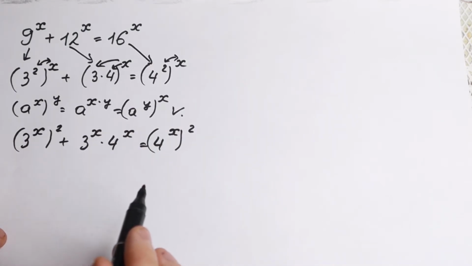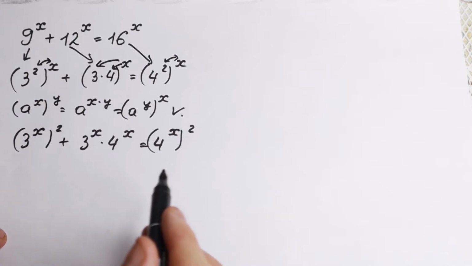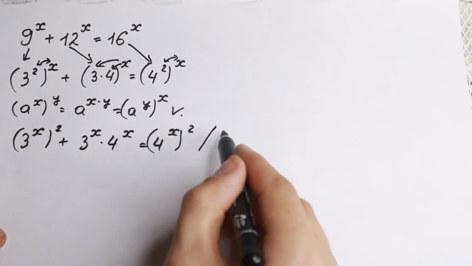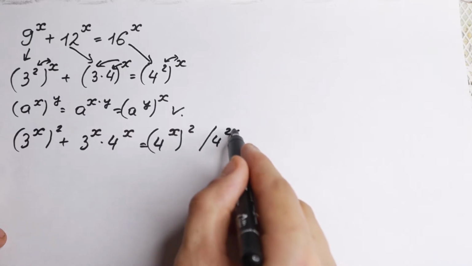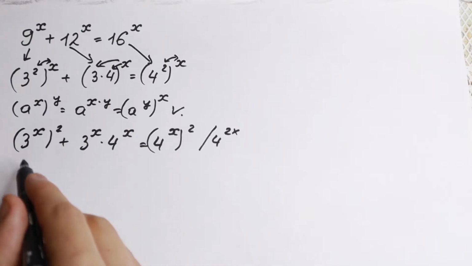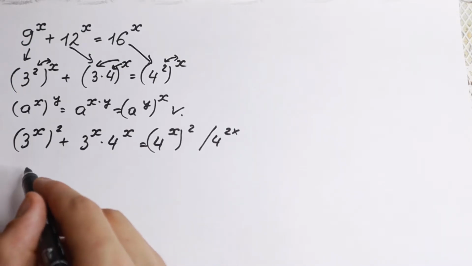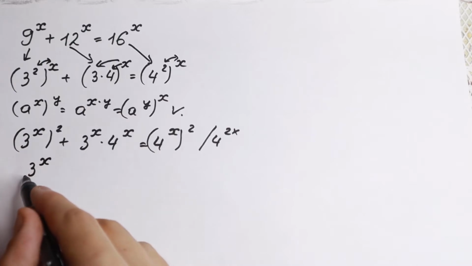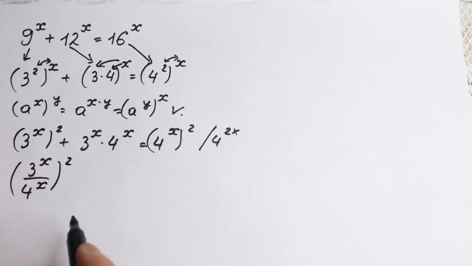And right now I'm going to show you a really good moment, because if we divide both sides by 4 to the power 2x, let's divide both sides by 4 to the power 2x. So if we divide this element by this 4 to the 2x, we will have 3 to the x over 4 to the x. I write it in this way that we need, squared.